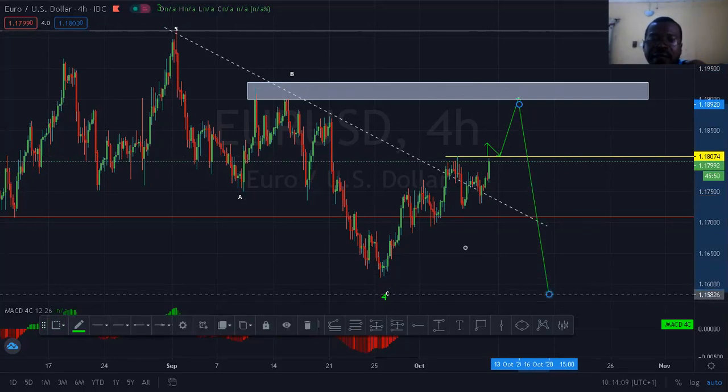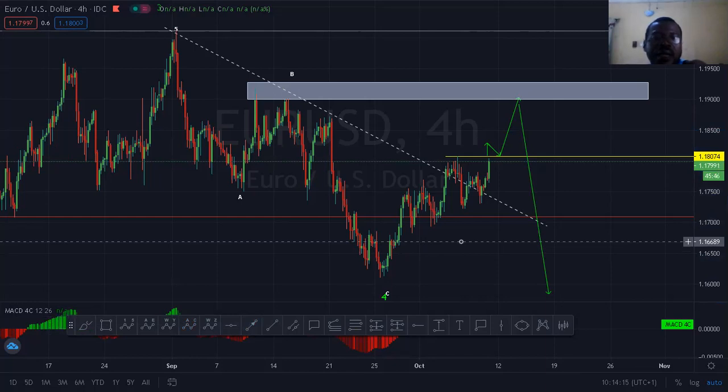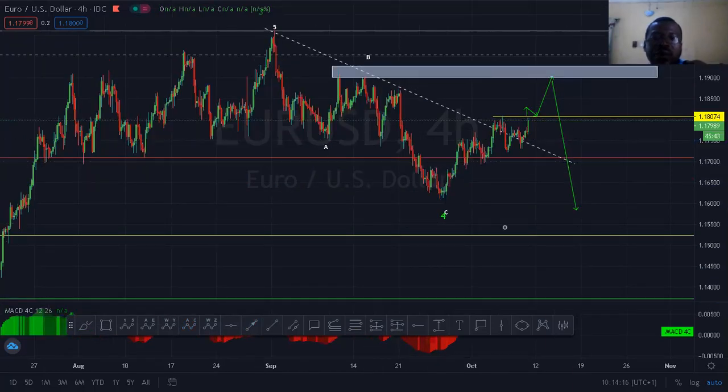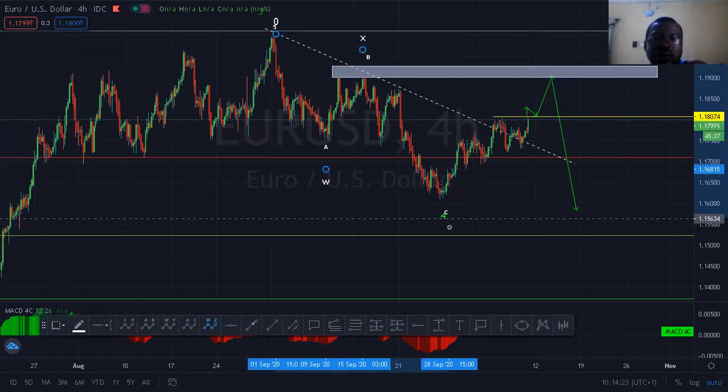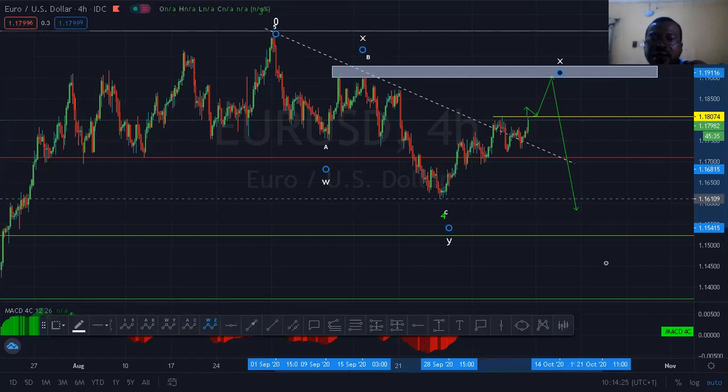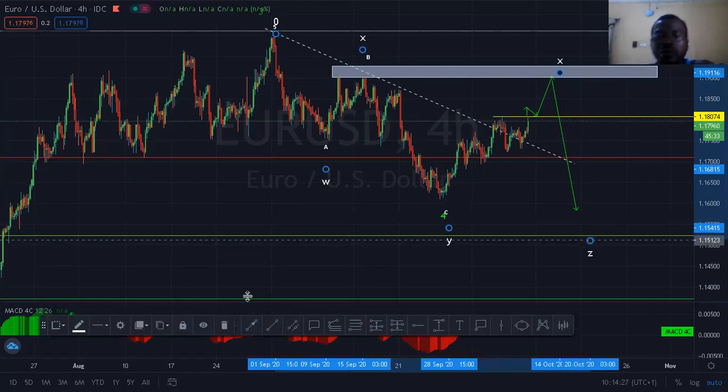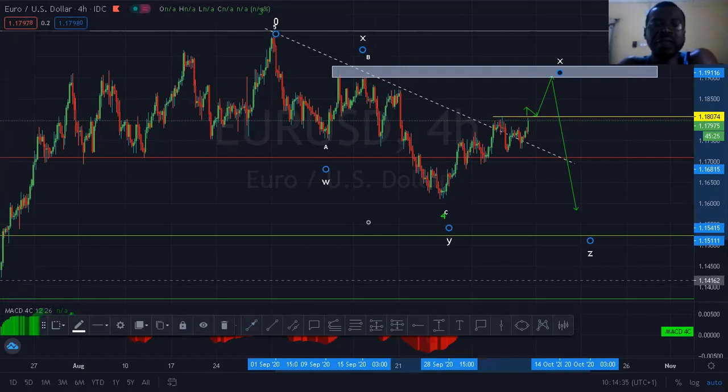In that case, we might have a case of WXYXZ. That's what we saw on gold. I mean, what we expect to happen on gold might also happen on Euro USD.